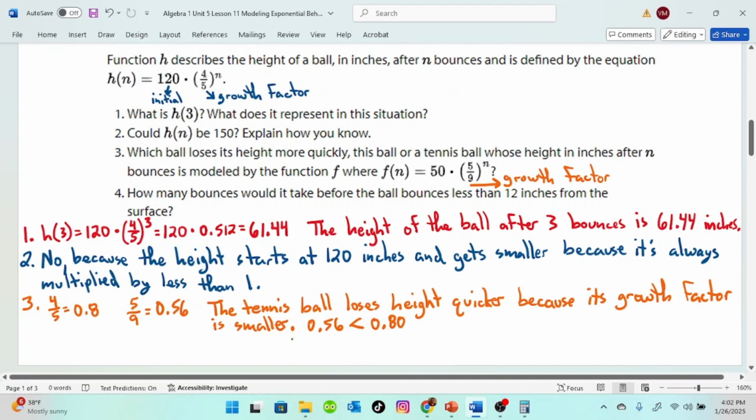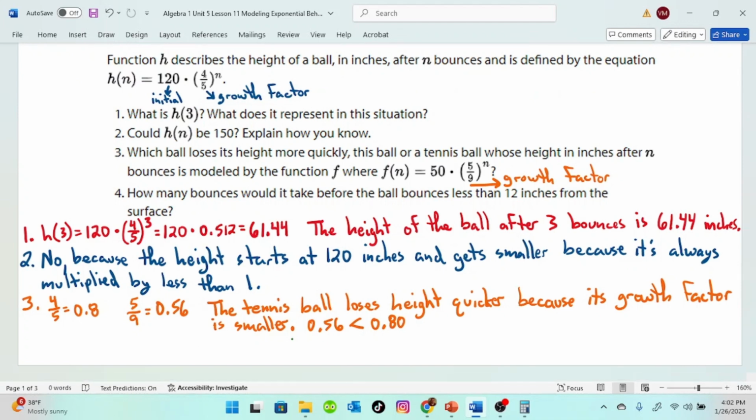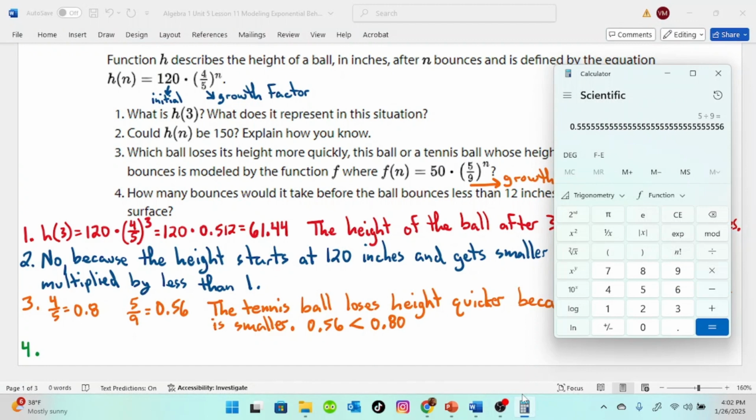And question number 4, how many bounces would it take before the ball bounces less than 12 inches from the surface? So what we can do is start out with the 120 times 0.8.